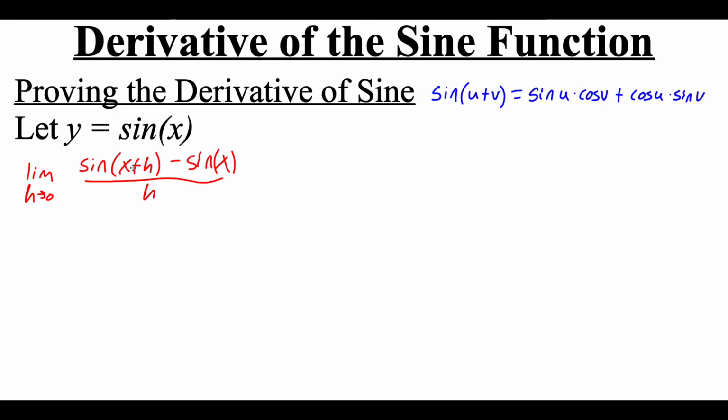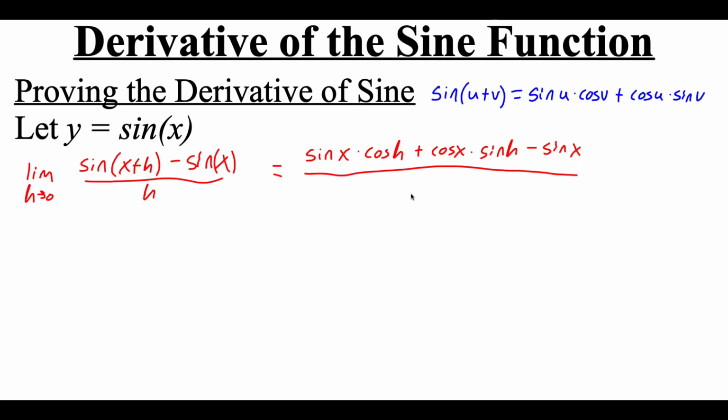If we apply that to the first piece of our limit, the sine of x plus h, we can turn this into the sine of x times the cosine of h, plus the cosine of x times the sine of h, all minus the sine of x. And this is all still over h.